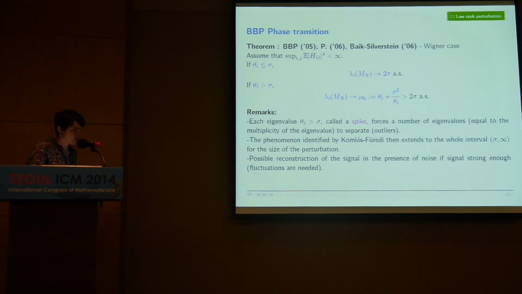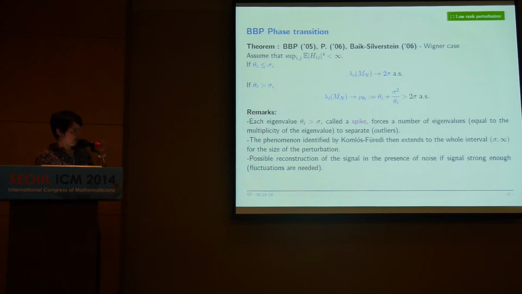Actually the result is much more precise than that, because to each eigenvalue theta I of A which is greater than sigma, which we call a spike, there correspond exactly mi, the multiplicity of theta I, eigenvalues of Mn, which separate and converge to rho theta I. Okay, this is some kind of exact separation phenomenon of eigenvalues.